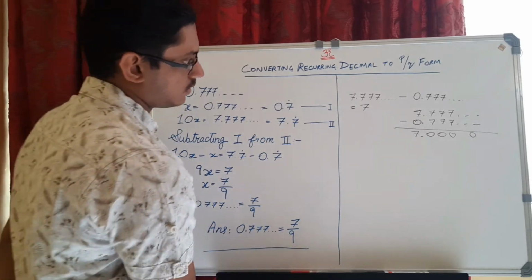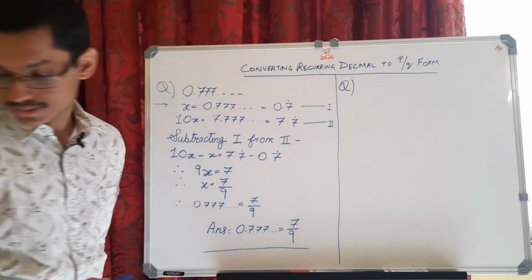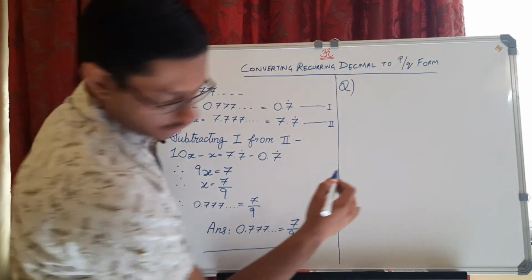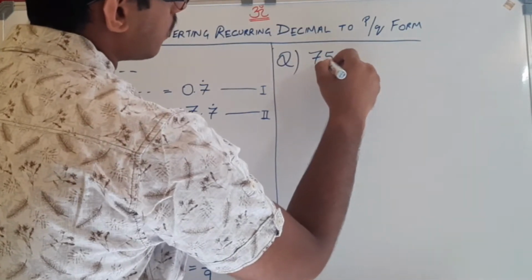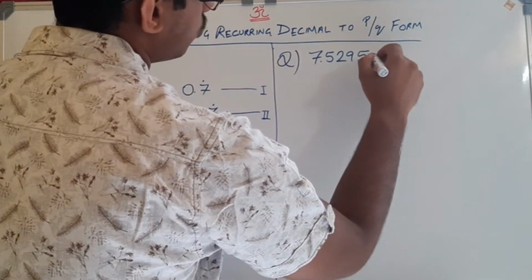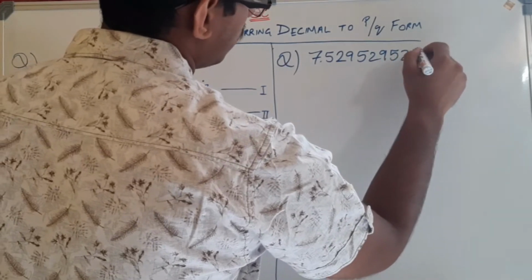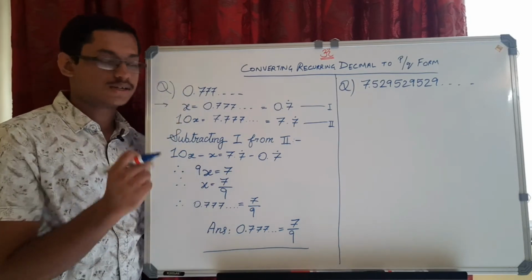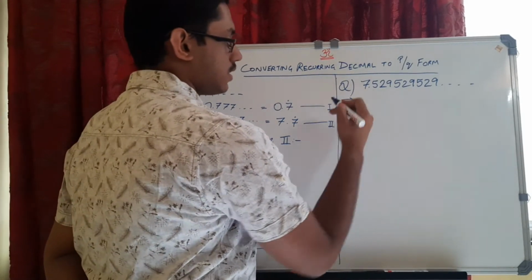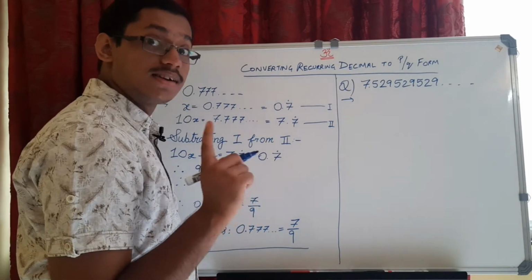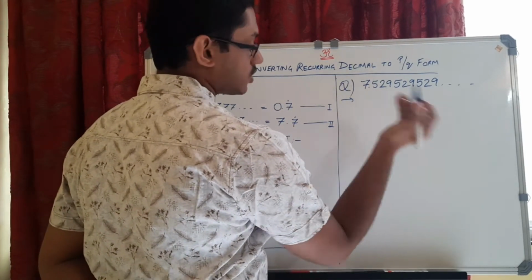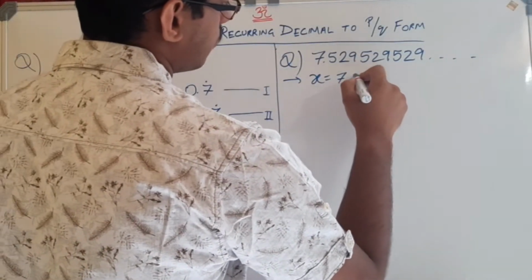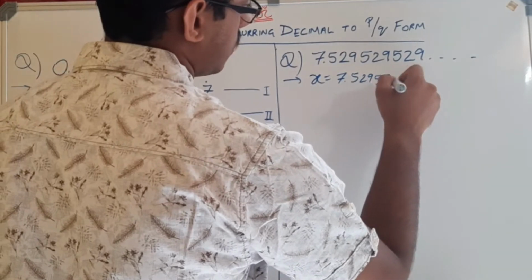Let's take another question. The question is 7.529 529 continued. Now see, here a single digit was being repeated in the previous question. Here is a single digit being repeated? No, of course not. Here first of all your first target should be to represent it as x equal to 7.529 529 continued.